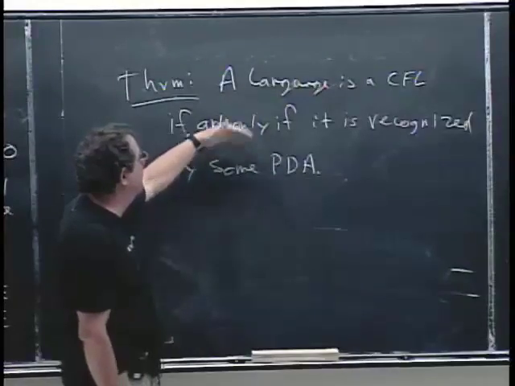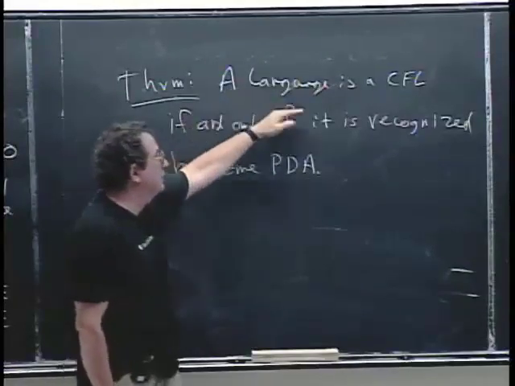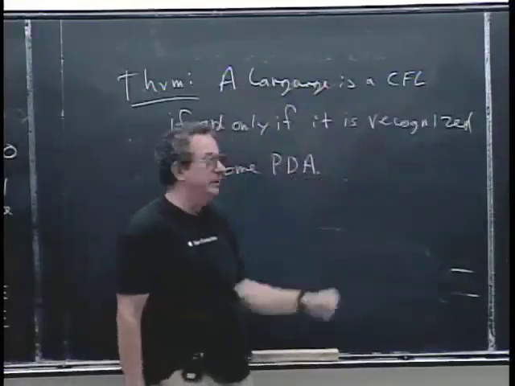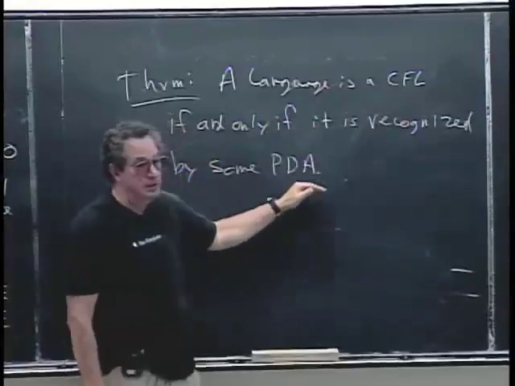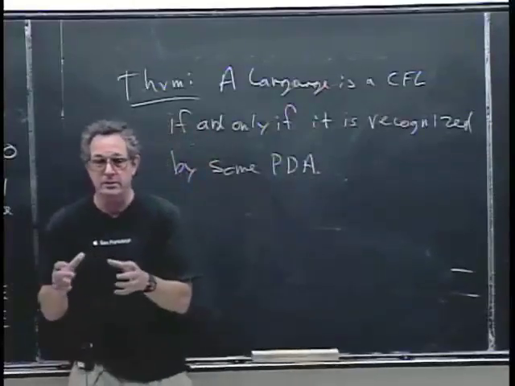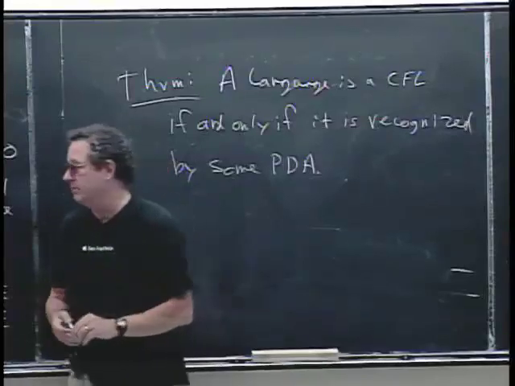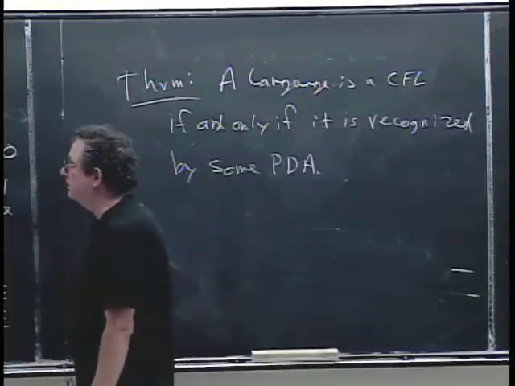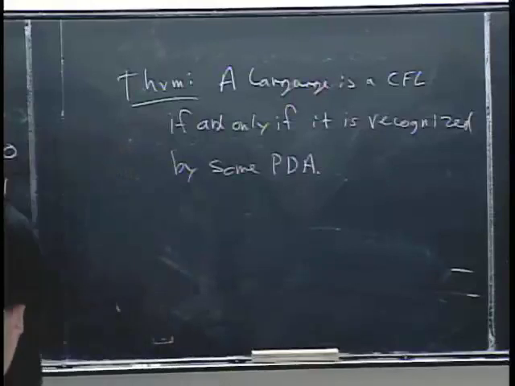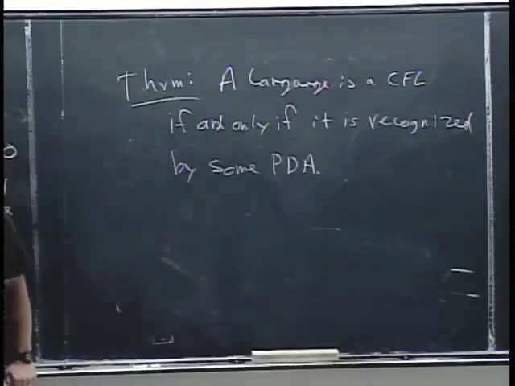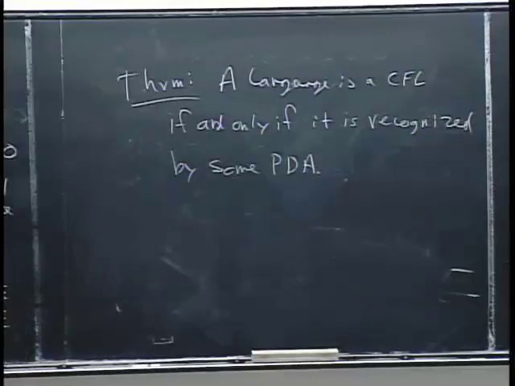And the set of languages generatable by context-free grammars and the set of languages recognizable by PDAs, those are exactly the same set of languages. Okay? A PDA is a much more mechanistic way of thinking about context-free languages, and the grammars are a mechanistic way of generating strings in a language.